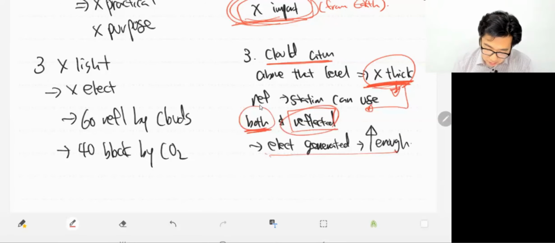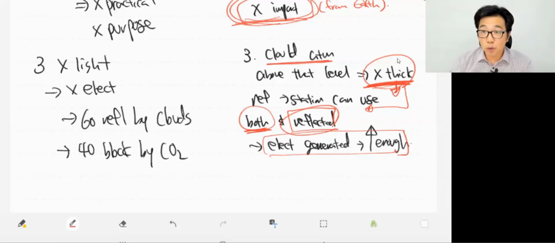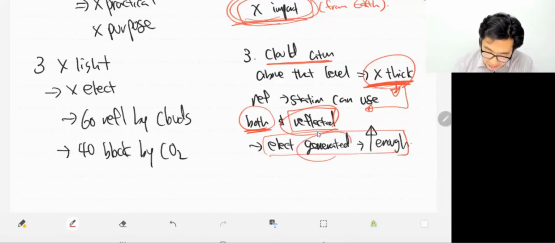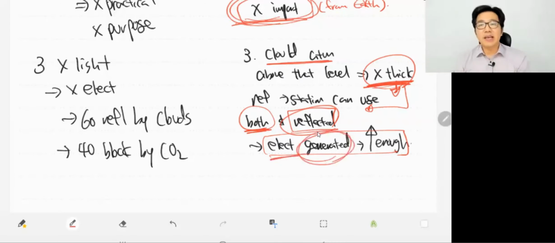So the important detail is the consequence. So what is the result? Because you can get more light absorption and catch some reflected light, these two light sources combined, unlike at the surface level, will give you enough light to generate, create, produce enough electricity on Venus.